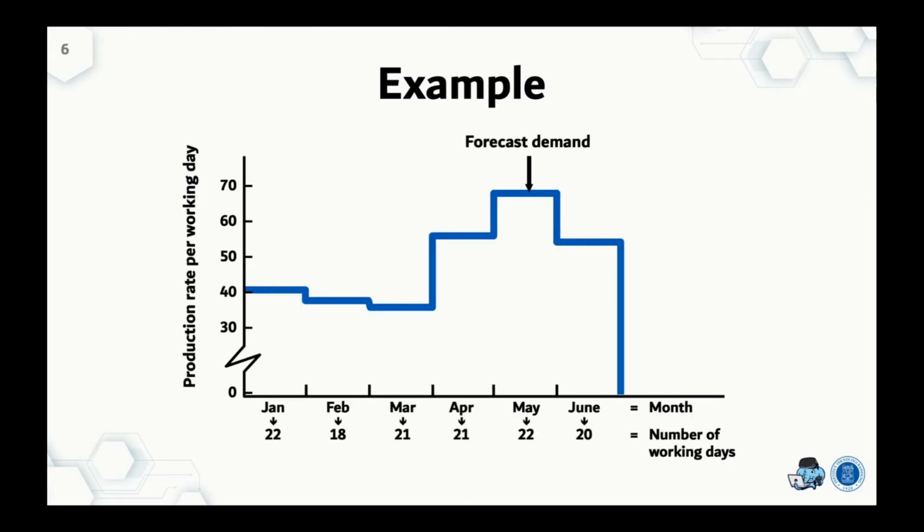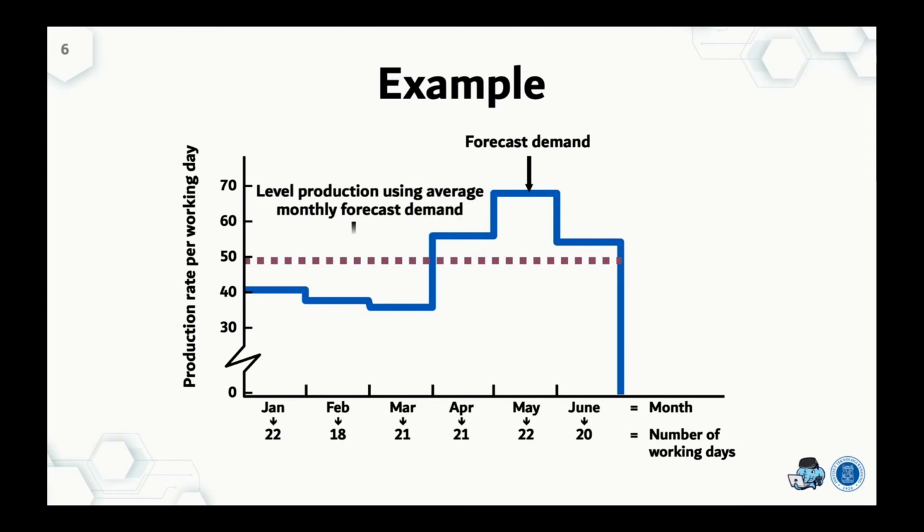When we draw a pattern of demand, we get the following figure, where the daily demand is below the average for the first 3 months, January to March, and gradually increases to a level higher than average demand from April to June.